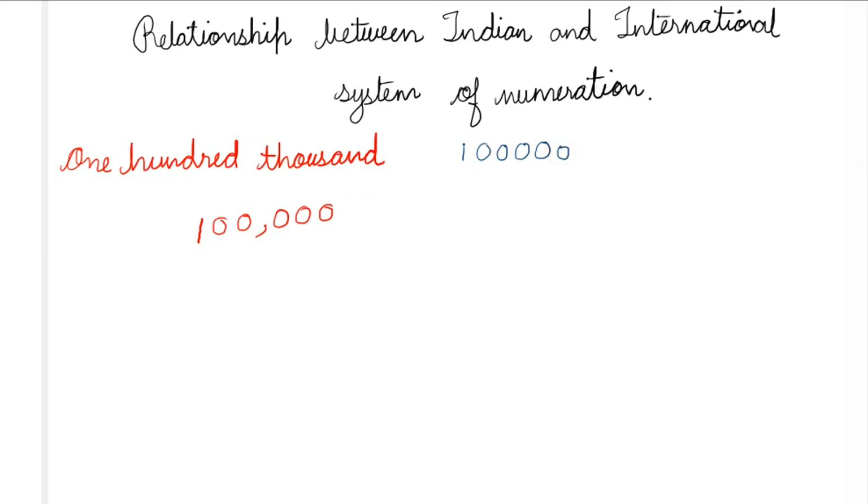Now what I'm going to do to this number is place the commas according to the Indian system. According to the Indian system, beginning from the right, a comma must be put after the first 3 digits, followed by every 2 digits, right? So now I will write the place values: ones, tens, hundreds, thousands, 10,000 and lakh.